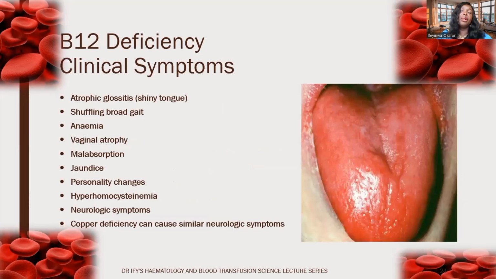The clinical symptoms of B12 deficiency include atrophic glossitis or shiny tongue as shown on the slide, shuffling broad gait, anemia, for example megaloblastic anemia, and vaginal atrophy, that is dryness of the vagina, because it affects the epithelial surfaces.